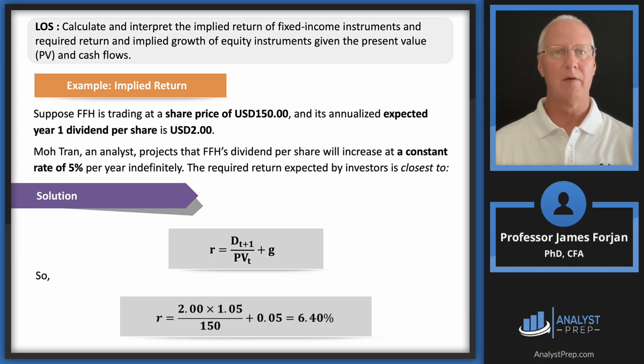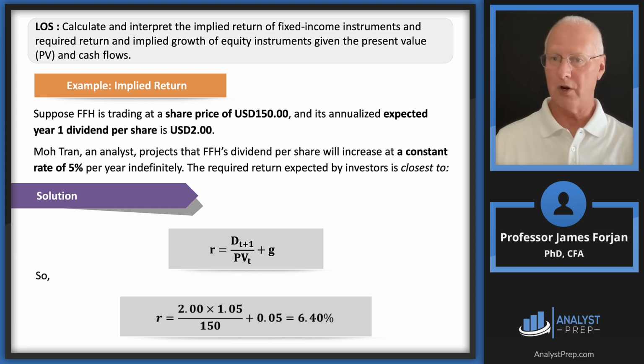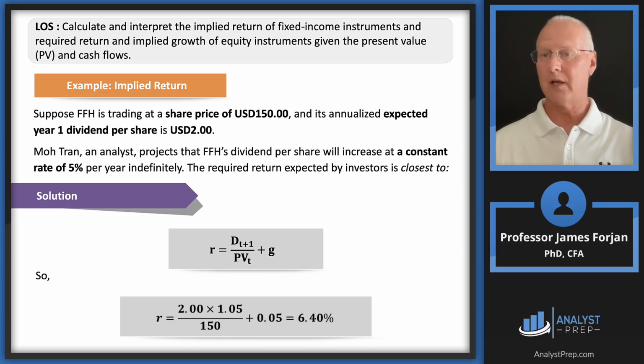Let's suppose we have a stock that's trading at $150 with an annualized expected year 1 dividend per share of $2. We have an analyst that projects that the dividends will grow at 5% per year. So what is the required return expected by investors, or the implied return by the Gordon growth model? All we're going to do is put the $2 in the numerator.